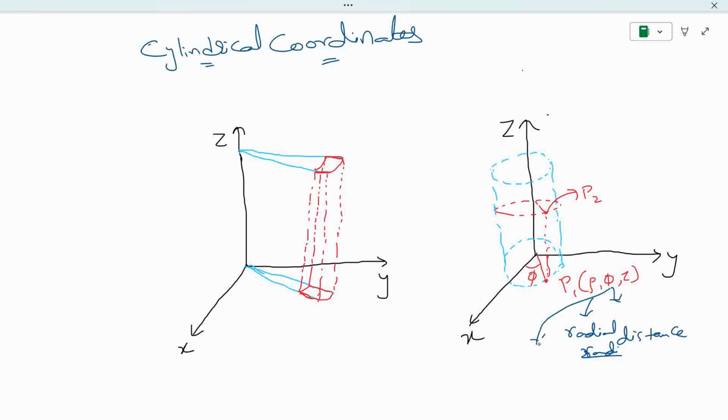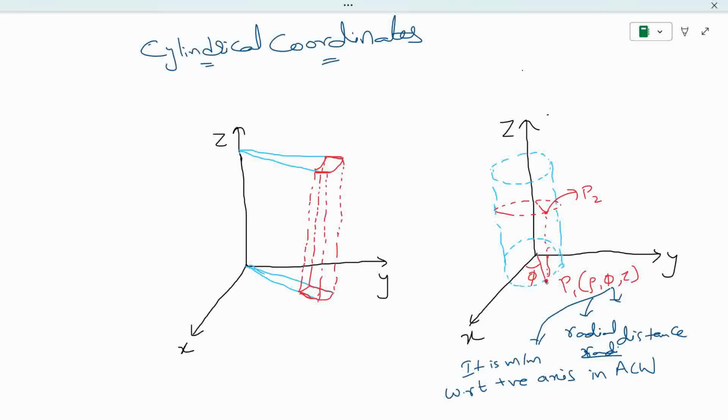One important thing to remember about phi is that it is measured with respect to the positive x-axis in the anti-clockwise direction, and the z-axis is similar in both Cartesian as well as cylindrical coordinates. So basically, you may consider that as the height of the cylinder, etc.